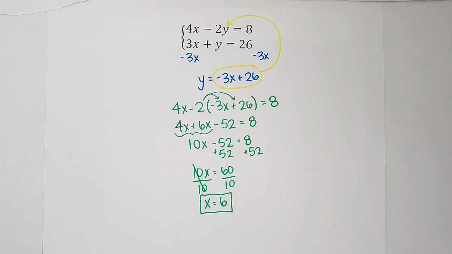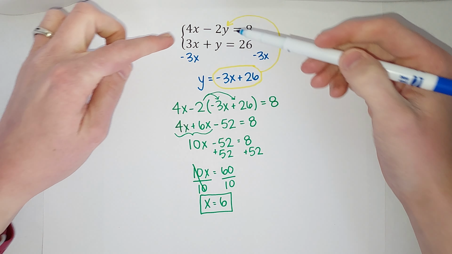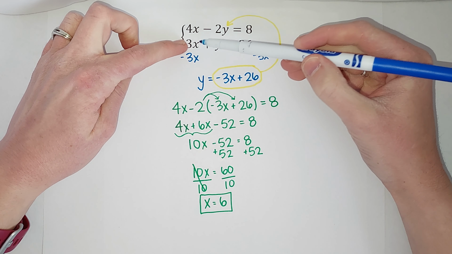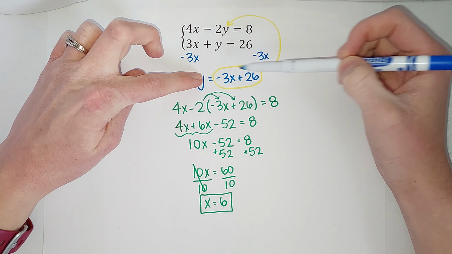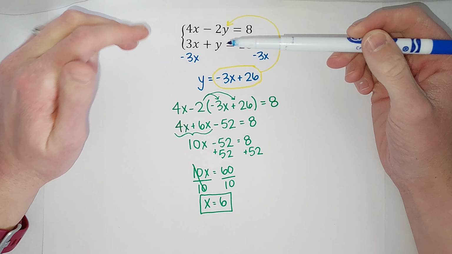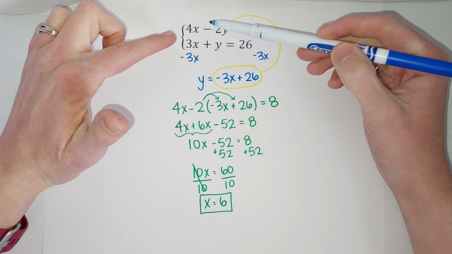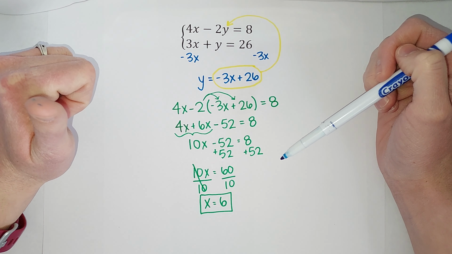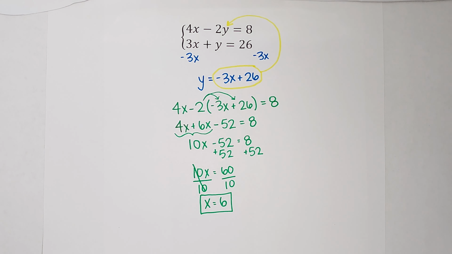Now I want to find my y. So I'm going to take this x and plug it in. I can pick this one or this one, or I could even pick this one, actually, which I might just do because y is already alone. At this point, now that we know what x is, it doesn't matter which one I plug it into, okay? So I am going to plug it into that y equals one.